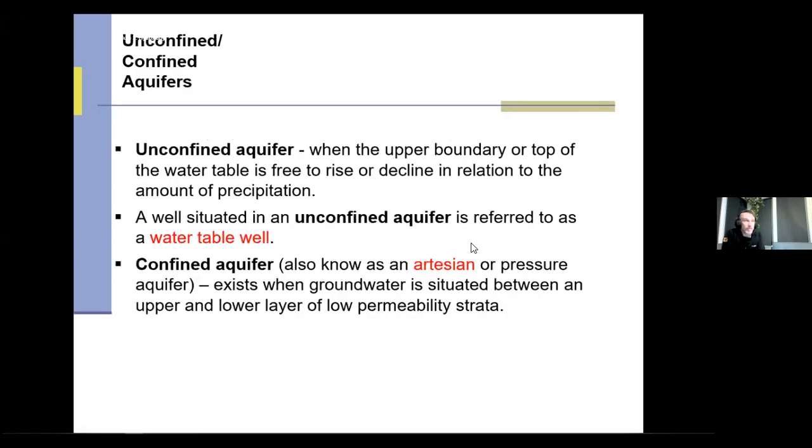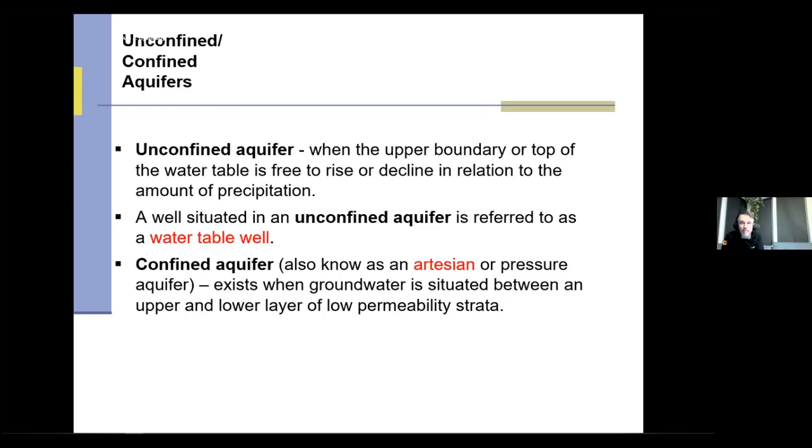So again, here, the unconfined aquifer has an upper boundary, the top of the water table. It could rise if there's more water in your aquifer, or in times of drought, it will lower right down. It's also called a water table well or shallow well.